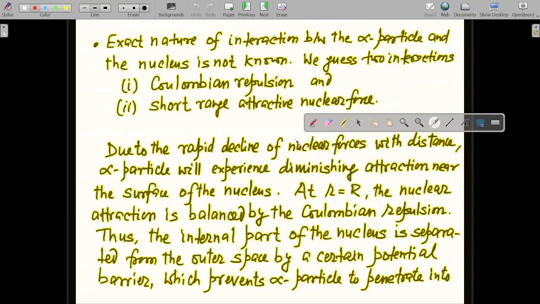Due to the rapid decline of nuclear forces with distance, what happens? The alpha particle will experience diminishing attraction near the surface of the nucleus.